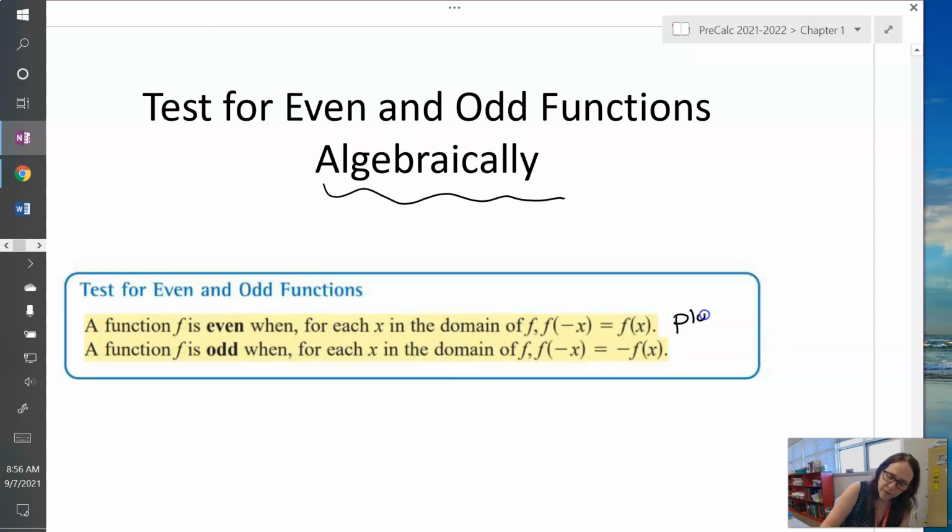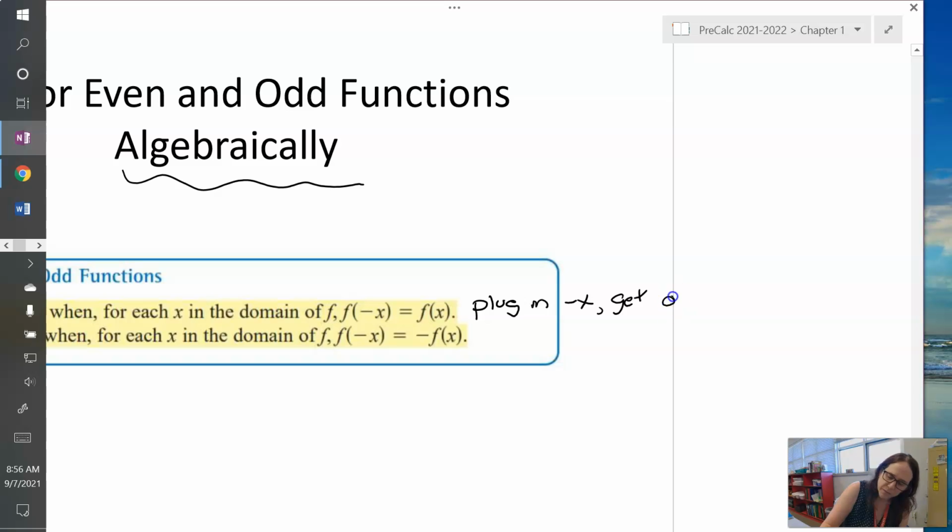So plug in negative x. Get original function. If it's odd, when you plug in that negative x, you're going to get -1 times your original function.